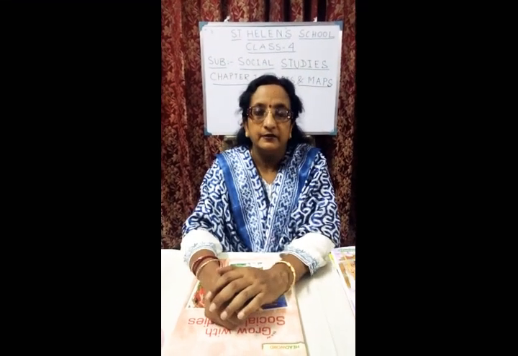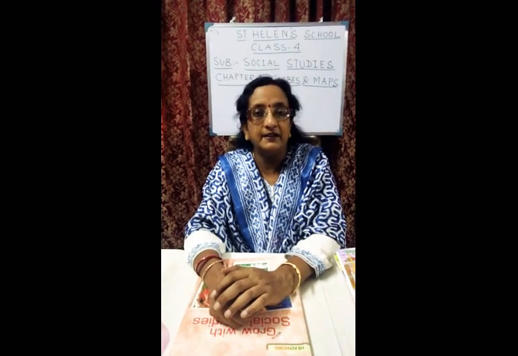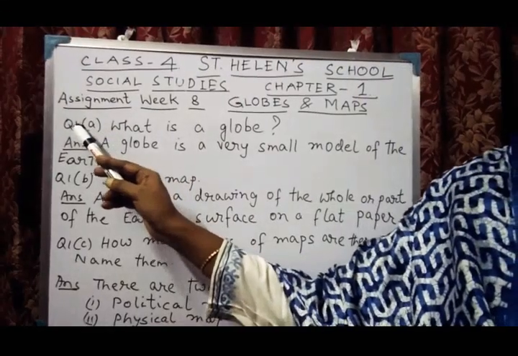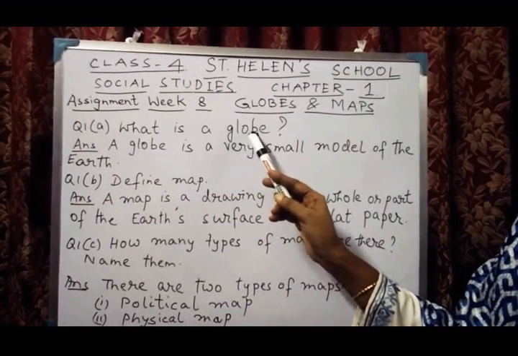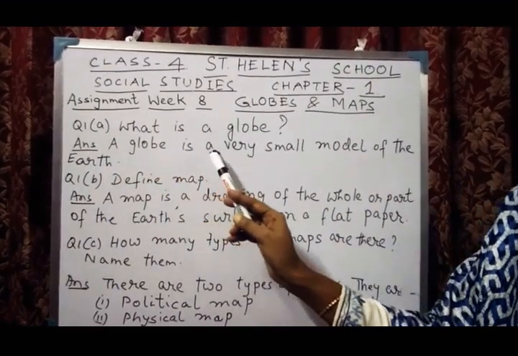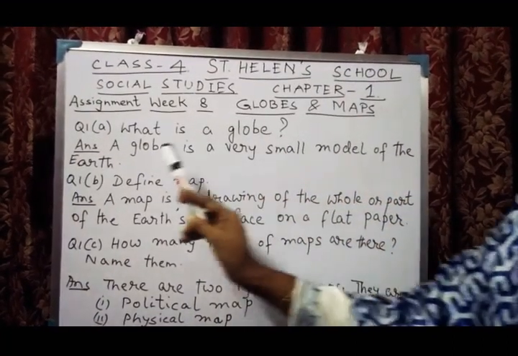Now students, we are going to solve Social Studies Assignment Week 8 with you all. Question number 1A. What is a globe? Answer will be, a globe is a very small model of the earth.